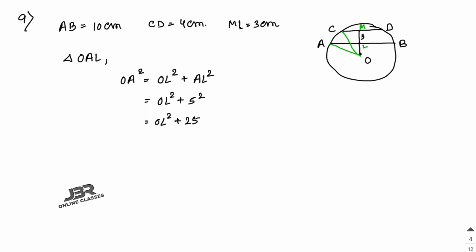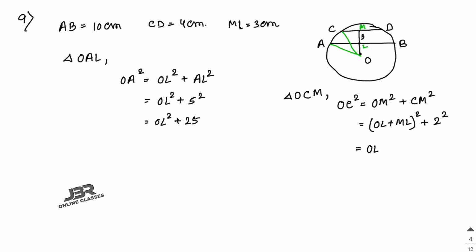Now from the next triangle, triangle OCM, here OC square is equal to OM square plus CM square. Now OM you can write down as OL plus ML whole square. And then here CM square. So in the place of CM you can write down half of CD, that means 2 square.